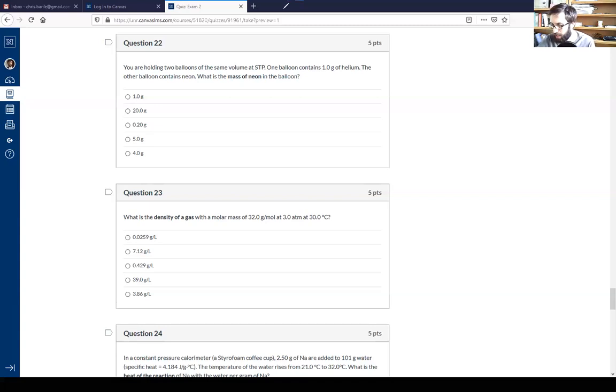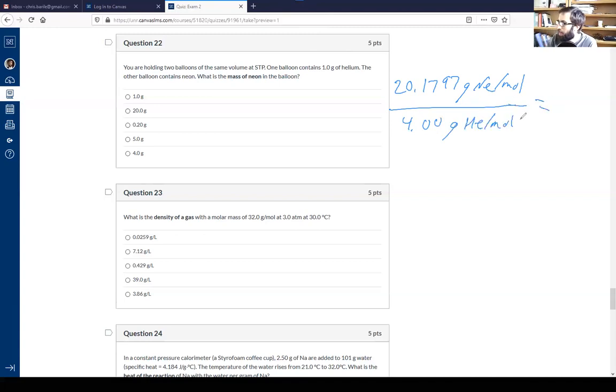Looking at the periodic table, neon is 20.1797 grams neon per mole. How many times more? That means dividing it by the molar mass of helium, which is about 4.00 grams helium per mole.